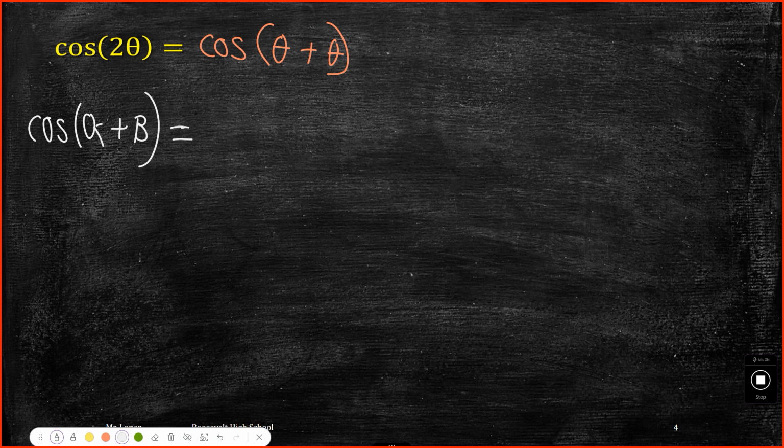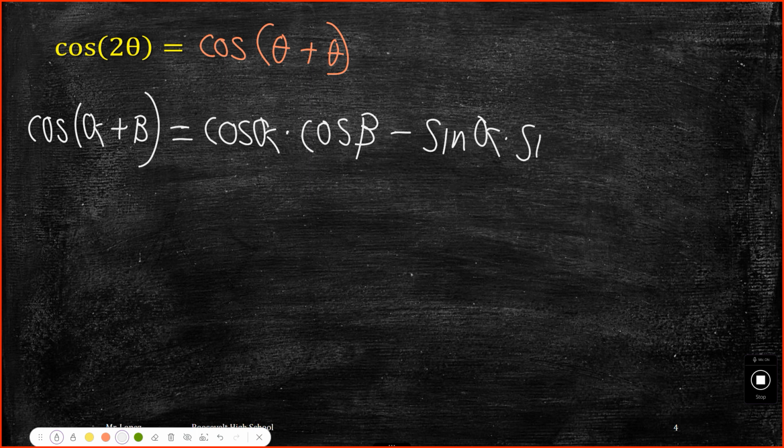What was it? I know it was cos. Then what? The opposite of plus is going to be what? It was minus. Cos alpha cos beta minus sine alpha sine beta.